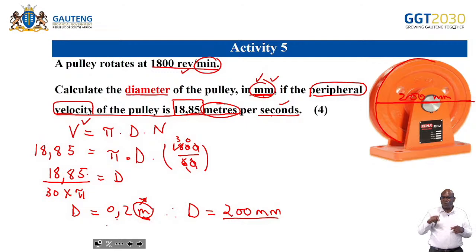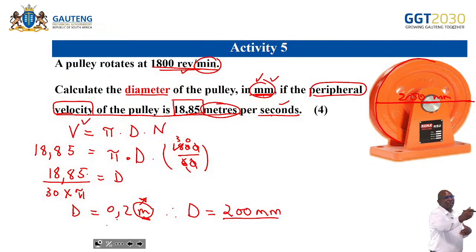We now know the diameter of that pulley, which is 200 millimeters, because we knew the speed at which it rotates, and also we know the rotation per minute. Then we wanted to find out what is the diameter. So I think that makes sense. In a workshop, this is exactly what you'll be doing: calculating stuff like that. It's rotating at 1,800 revs per minute, and the speed is 18.85 meters per second.